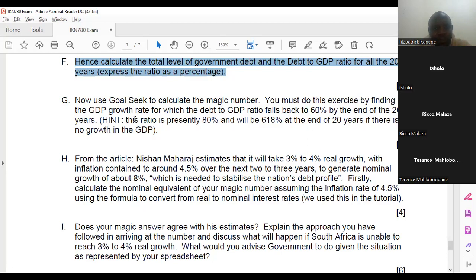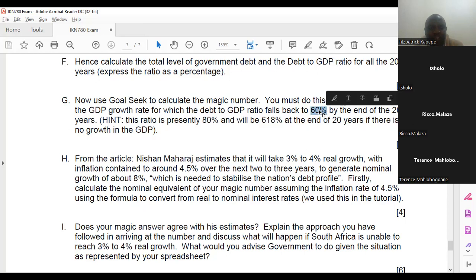This ratio is presently 80% and will be 18% at the end of 20 years if there is no growth in GDP. So what we are doing is that at the end of the 20th year, the ratio must go back to 60%, isn't it? So this is what we're going to do.